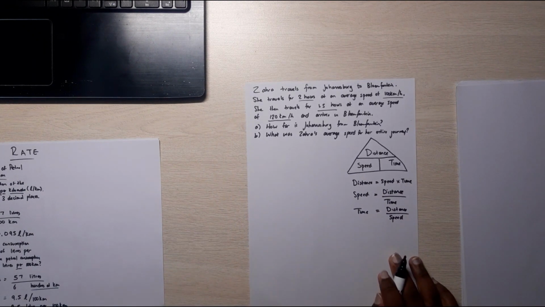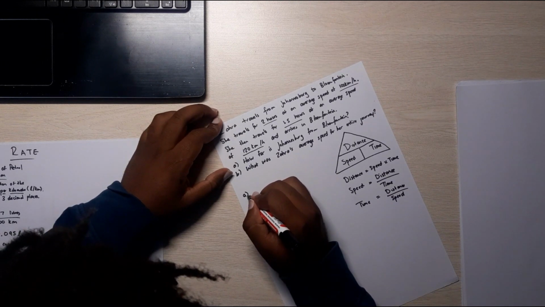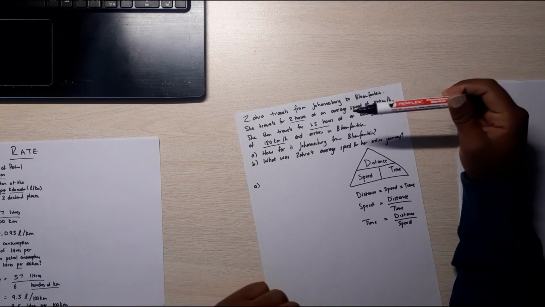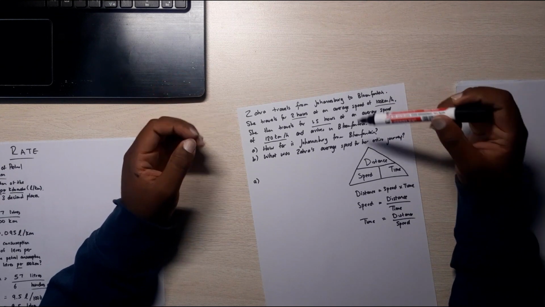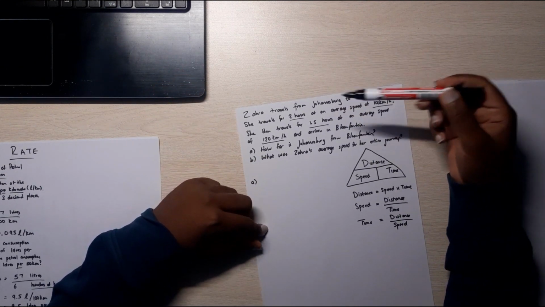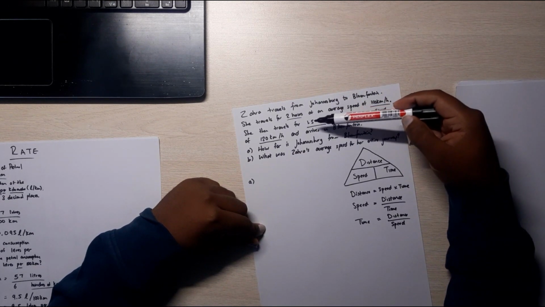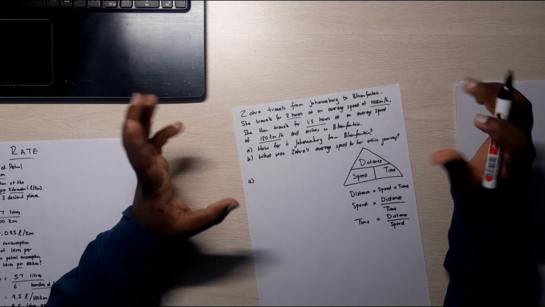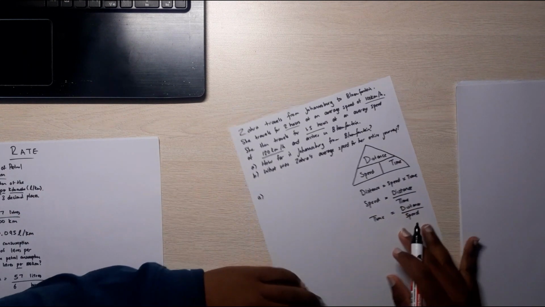All right. So for A, we're going to get the distance between Joburg and Bloemfontein. Zahra traveled at two different speeds for two different times. She traveled for 2 hours at 100 kilometers per hour and for 1.5 hours at 120 kilometers per hour, right? So we can get the distance for two different things, right?